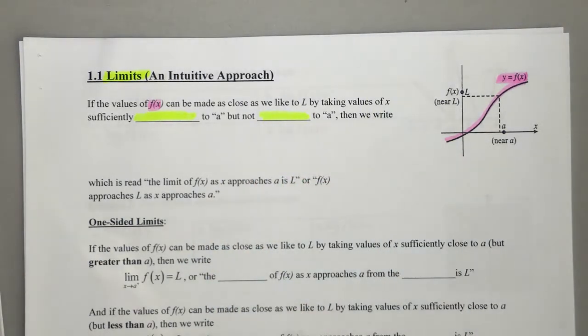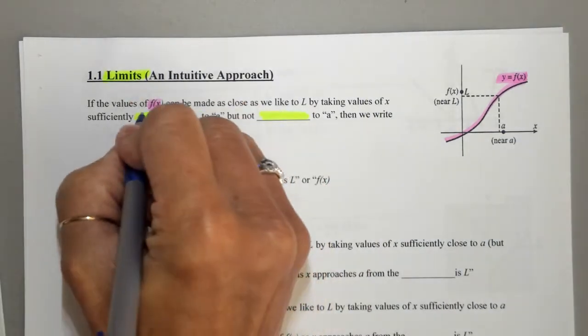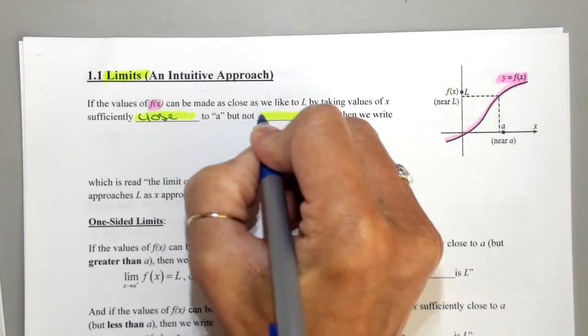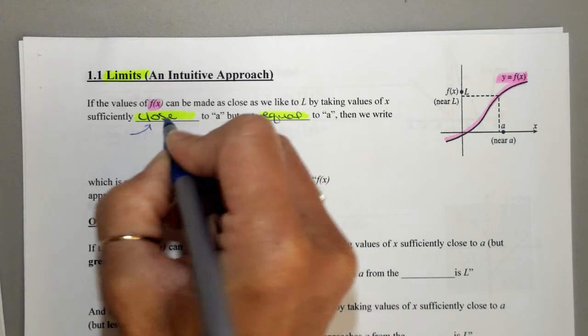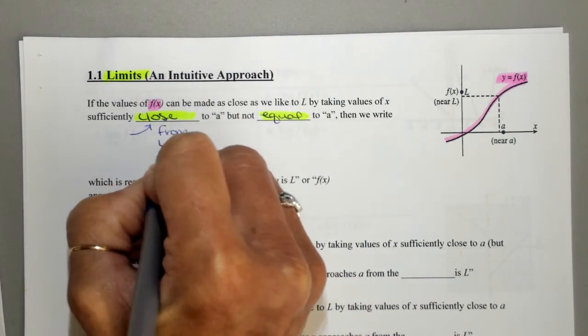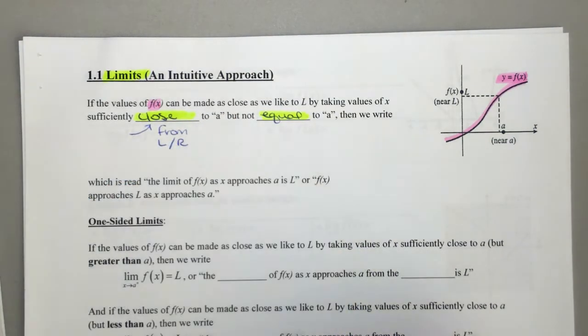So what does that mean? We're talking about some values getting close to, but not equal to. So we're going from the left side and the right side. That's what we're talking about, approaching from the left and from the right.